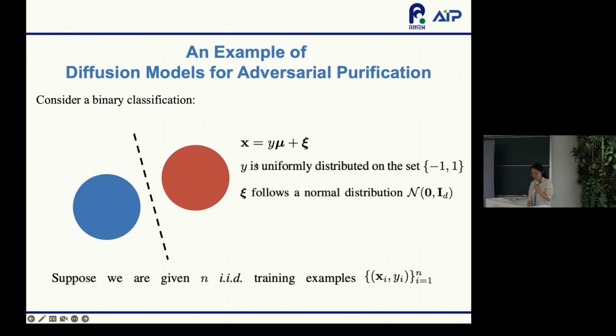Y is the label, either +1 or -1, because it's binary classification. In high dimensional cases, we also assume the whole data is linearly separable. We also have a number of samples which are i.i.d., and we use them to train our later classifier. Any questions on this assumption?